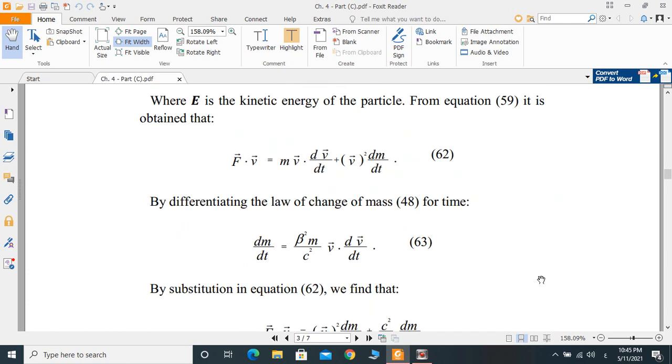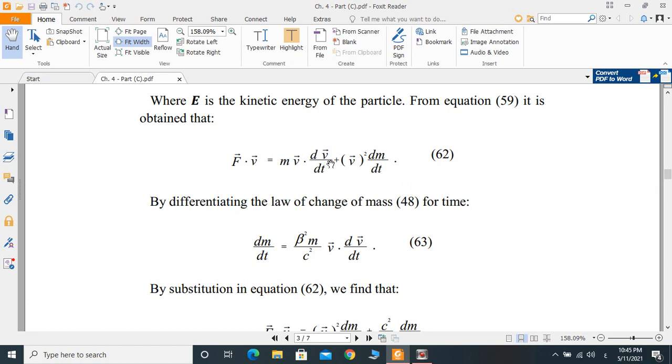By differentiating the law of the moving mass m, where m equals beta m naught, dm by dt can be written as beta square m divided by c square, v dot dv by dt.